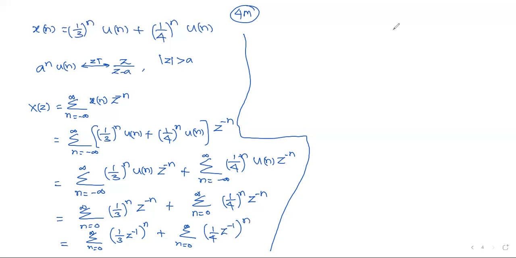So now, what is the formula? We know that the summation n equal to 0 to infinity alpha^n is 1 by 1 minus alpha.